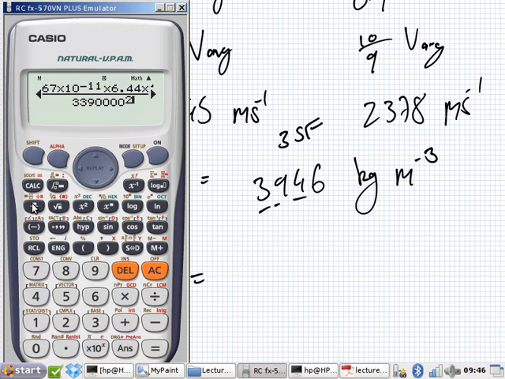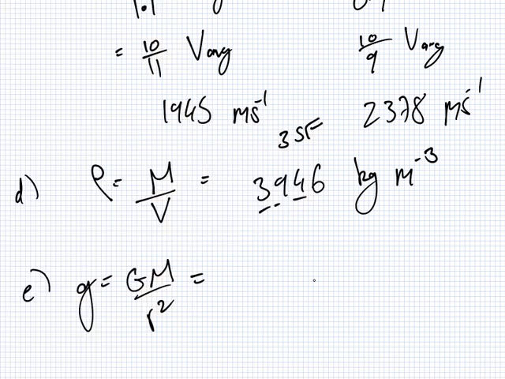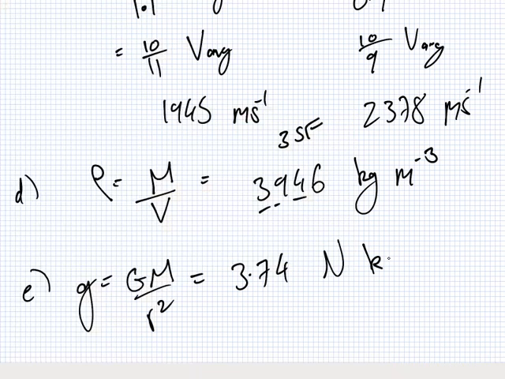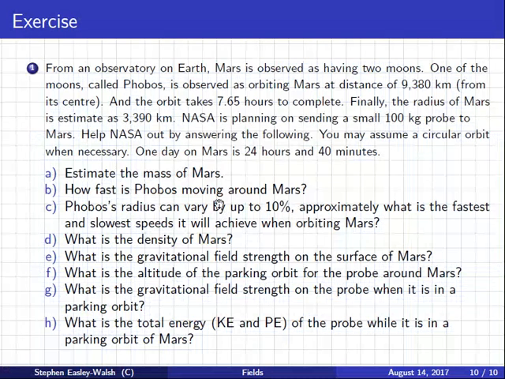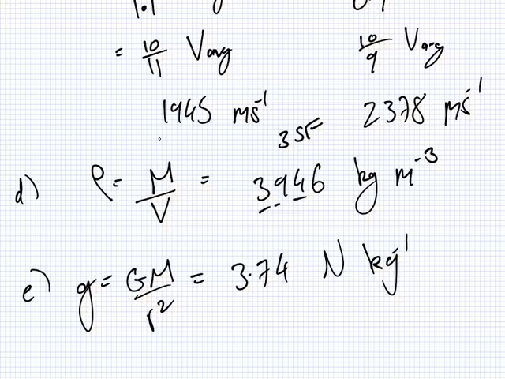So Mars is kind of like Earth, but it's not as big as Earth, right? So this should be a smaller value than 9.81. Yeah, 3.74. So do we have to minus? No, no minus. Not yet, anyways.